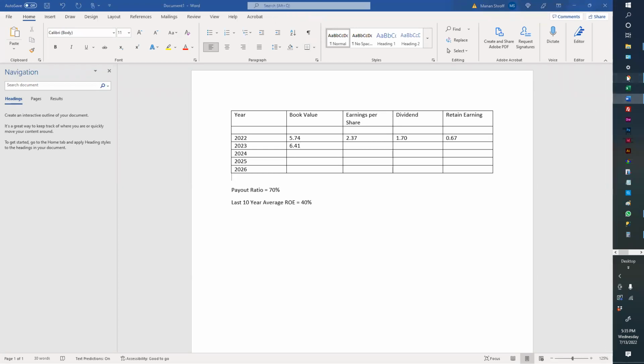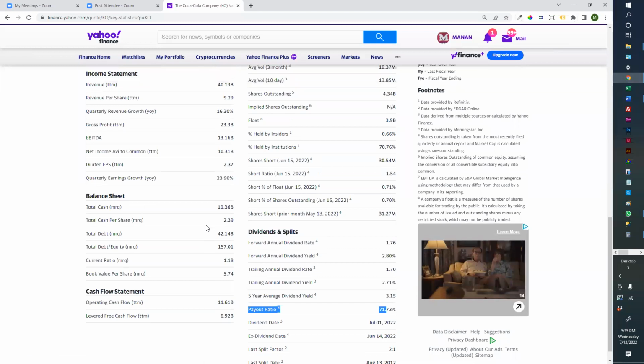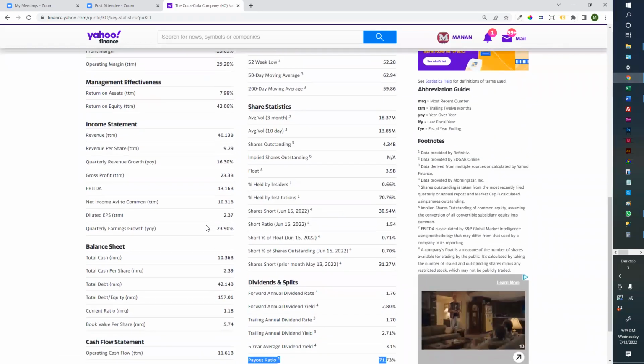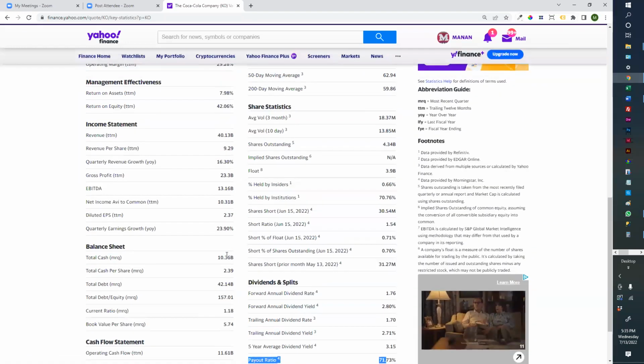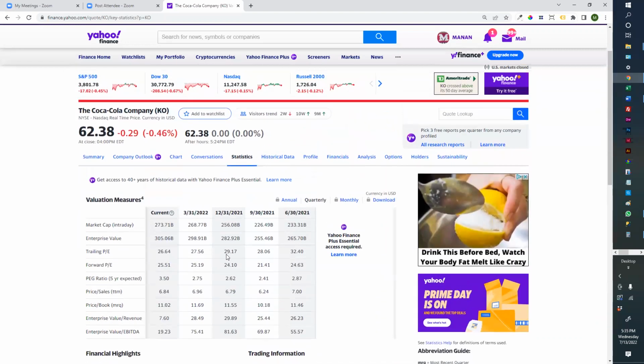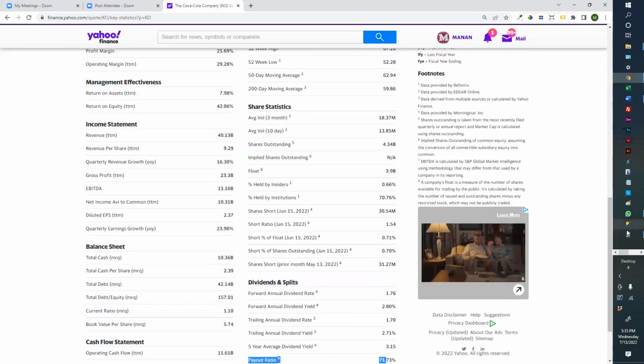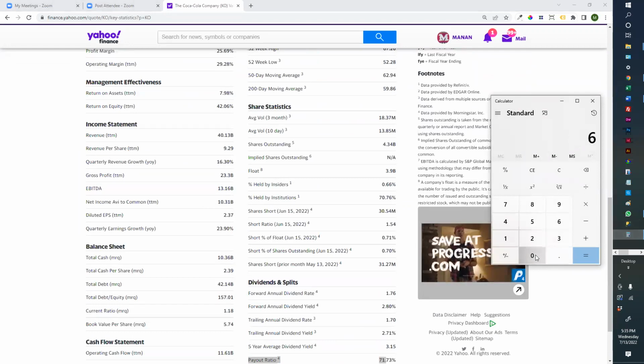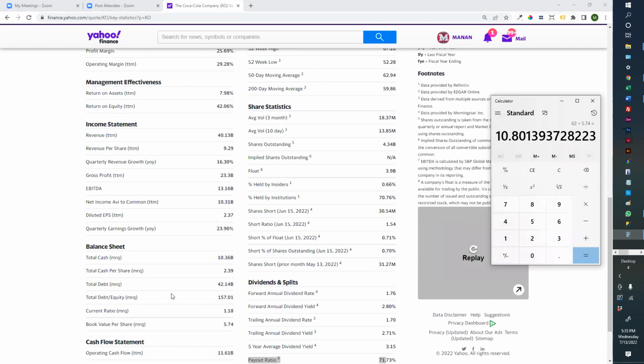One more thing I want to note: how many times it's paying to the book value. Coca-Cola is trading around $62. Book value is $5.74. So it's around 11 times.